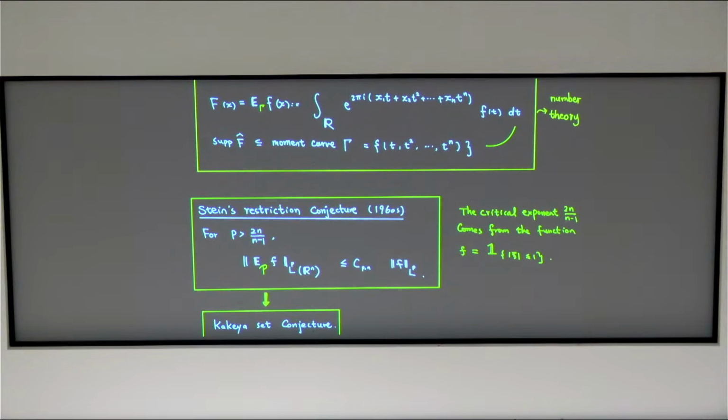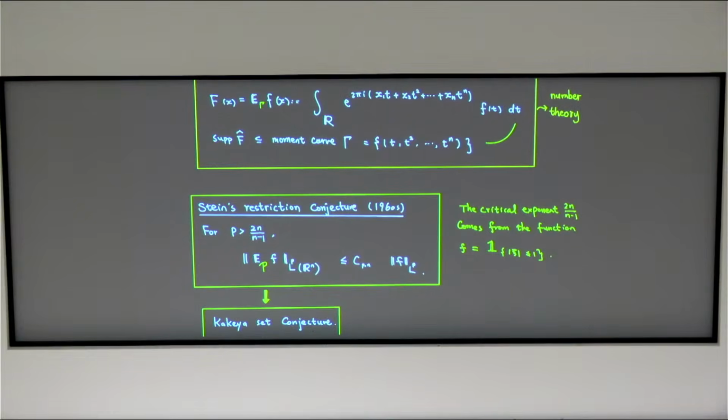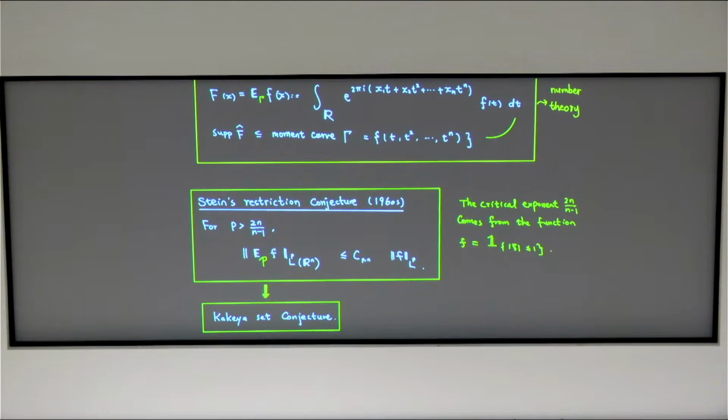In restriction theory, the central open problem is Elias Stein's restriction conjecture, which says that if f has Fourier transform supported on the paraboloid, where P means paraboloid, then the L^p norm for any p greater than 2n over n minus 1 is bounded by some constant times the L^p norm of its Fourier transform.